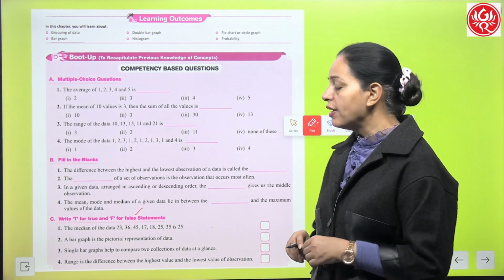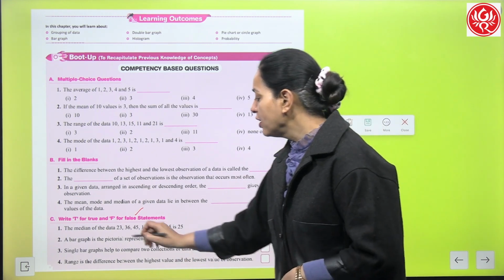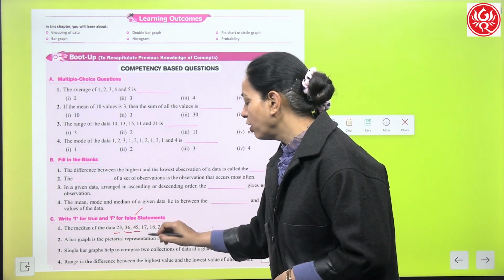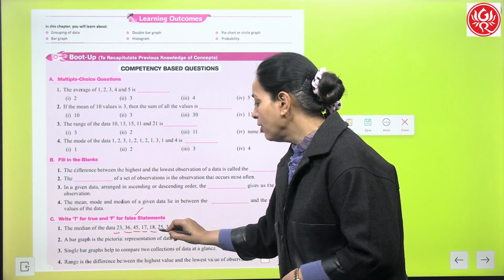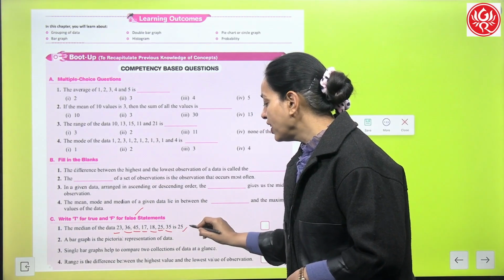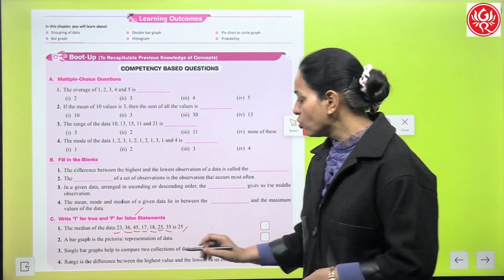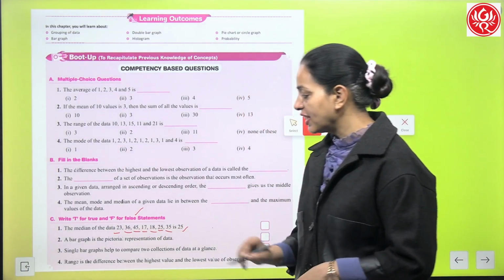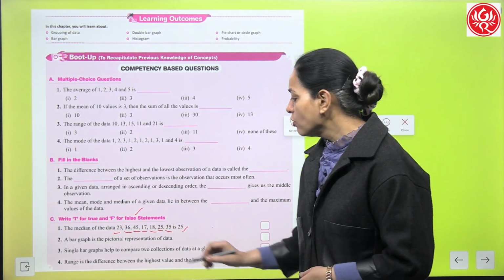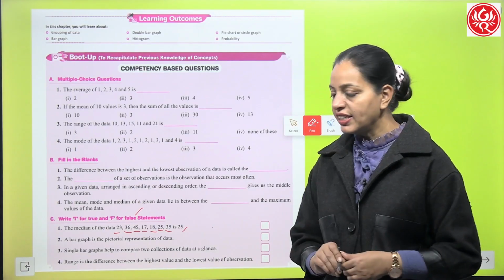The first one, the median of the data 23, 36, 45, 17, 18, 25, 35 is 25. So just first arrange in ascending or descending order. So we are arranging in ascending order.